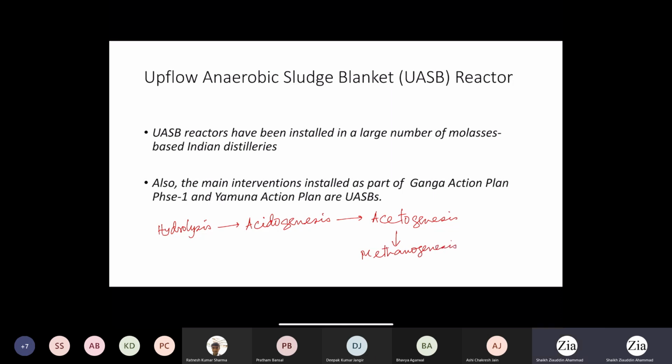So hydrolysis means all larger molecules, say fat, carbohydrate, and other proteinaceous material, they will get hydrolyzed to their monomers, and then some bacteria will work on them. These bacteria are actually known as acidogens. Here it is hydrolyzing bacteria.